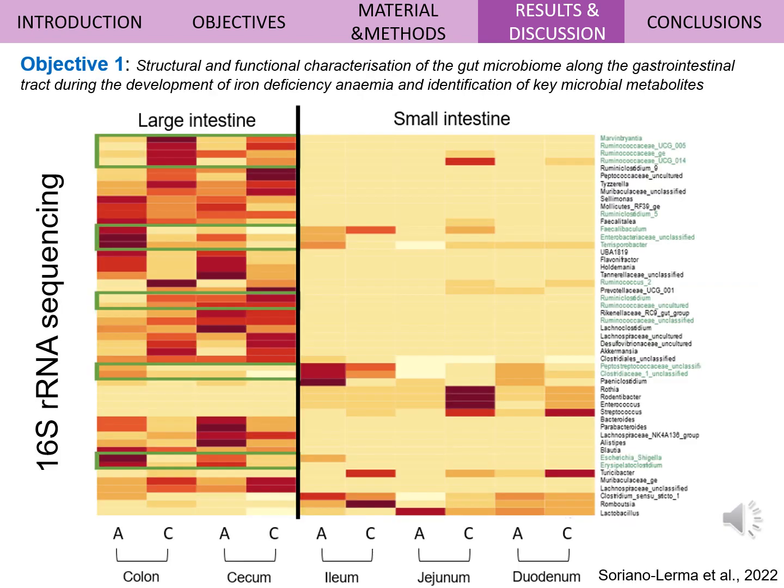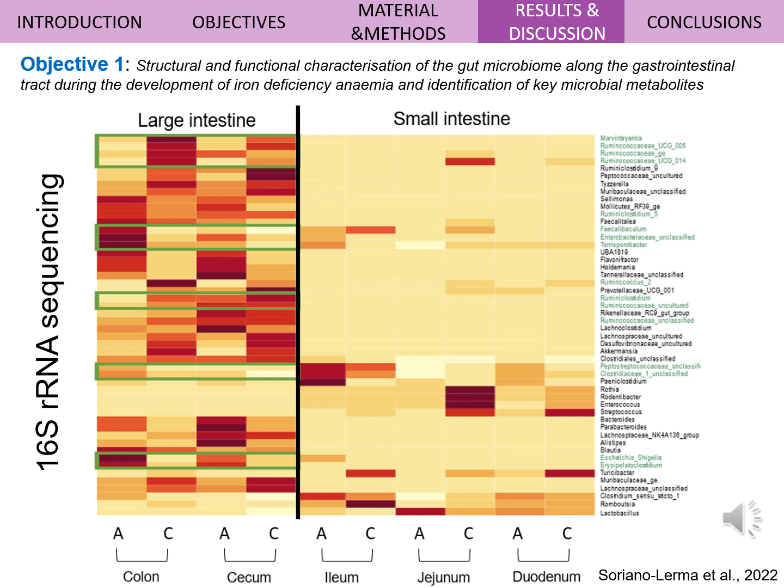So to pursue objective 1, we first performed 16S rRNA sequencing on intestinal content samples belonging to all intestinal regions, and we plotted relative abundances of the 50 most abundant genera in a heat map, where red colors indicate higher abundances.